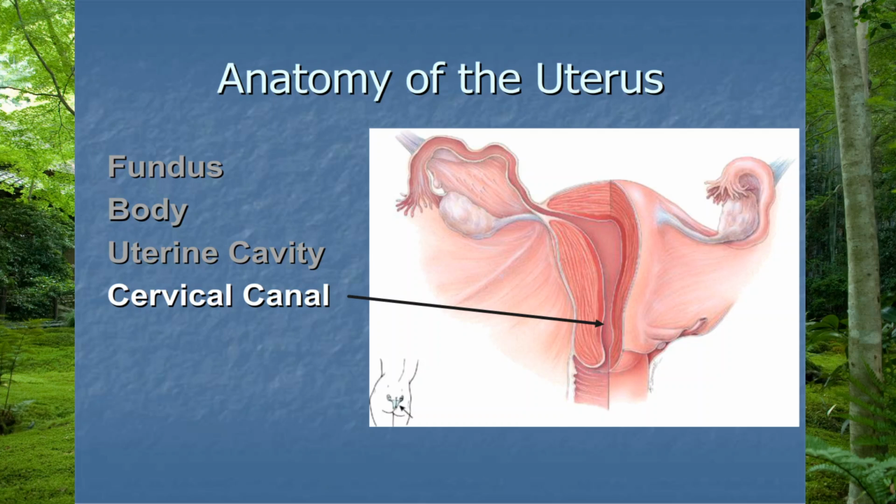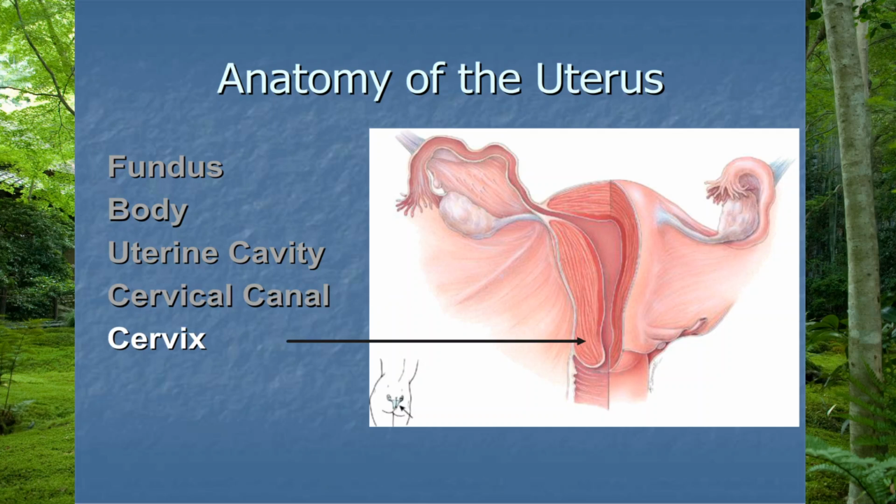Now, inferiorly, the cavity of the uterus will narrow into something called the cervical canal. And of course, the cervical canal is basically a passageway through the cervix. Now, you've probably heard of the term cervix before, as in cervical cancer. Now, the cervix is important not just because it's a site where cancer occurs, but also because it is the juncture between the uterus and also the vagina.